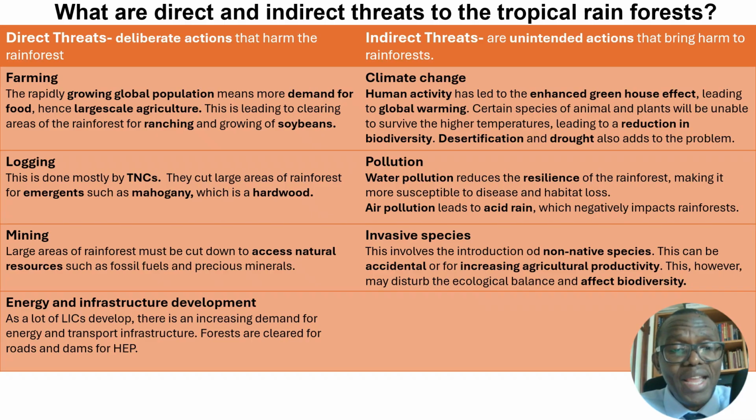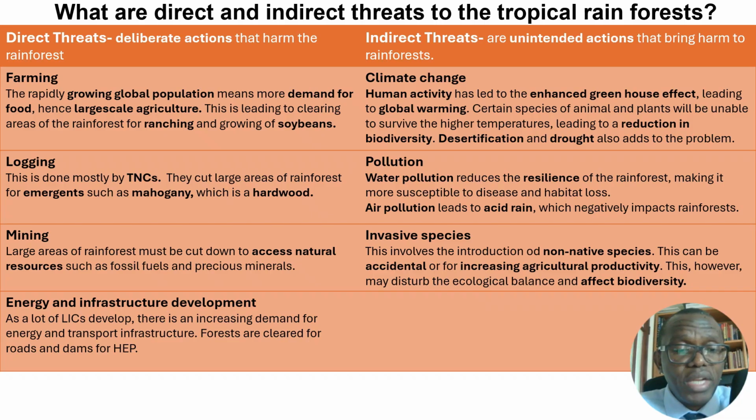And this has led to the clearing of the rainforest for ranching in order to keep those animals for beef, for example, to keep cattle for beef, and also the clearing of the rainforest for the growing of soybeans. Now, because this is being done on a large scale, it's greatly impacting on the rainforest. So it's a direct threat.